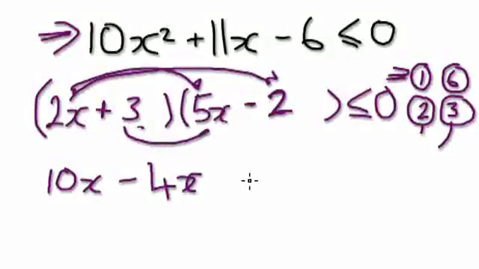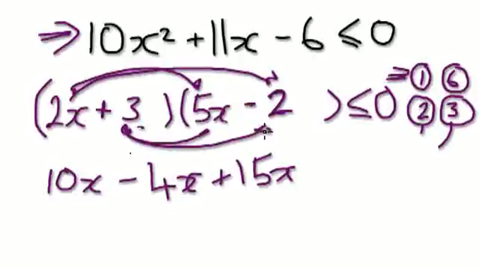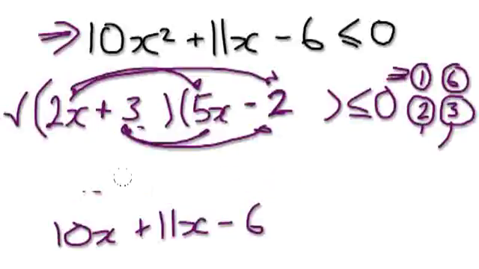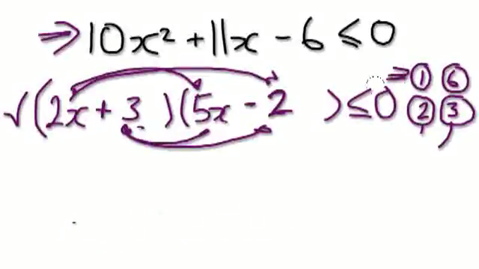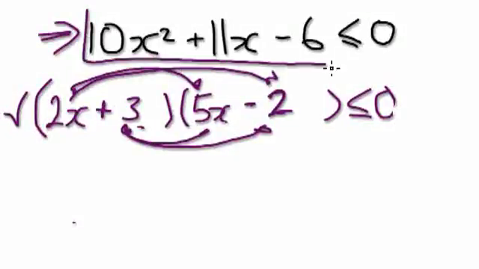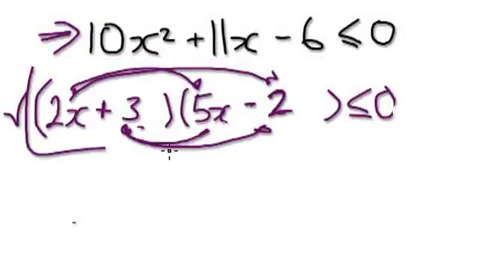This times this would be positive 15x, and this times this will be negative 6. So this simplifies to positive 11x minus 6. So we know this to be correct. This is our correct answer now, so we can get rid of all these. Given this here, we can factorize it to this.